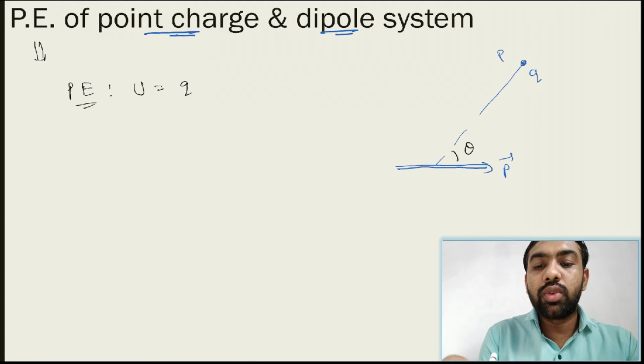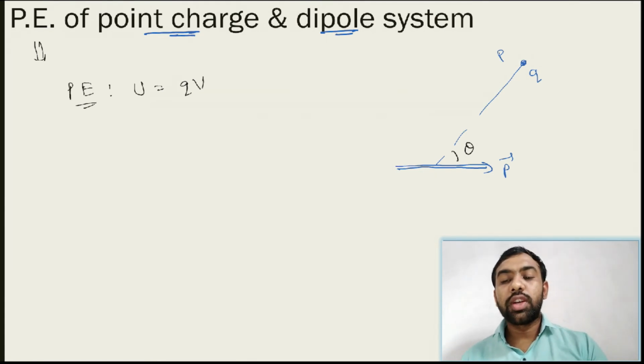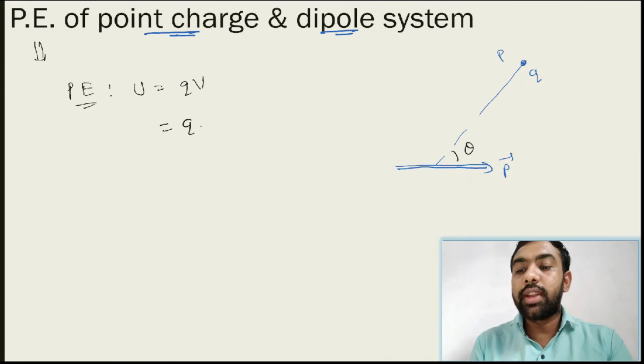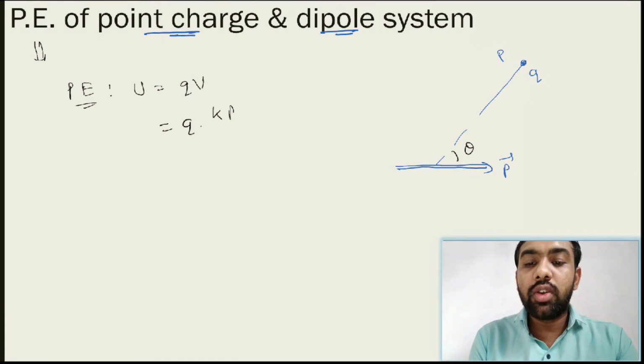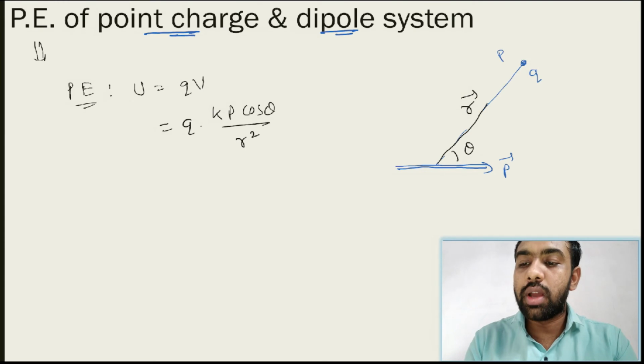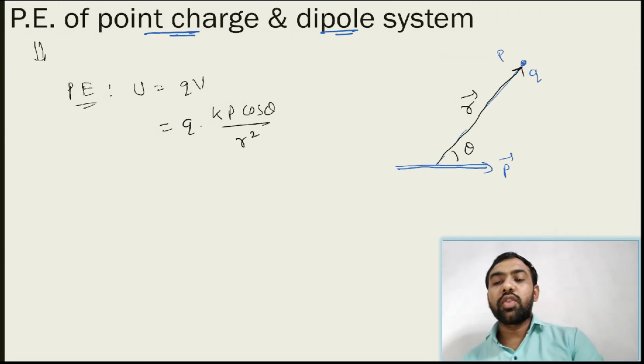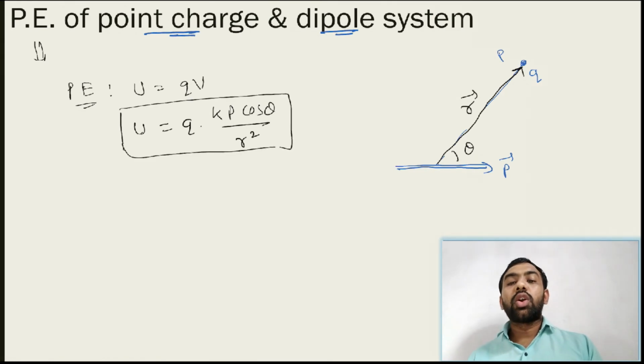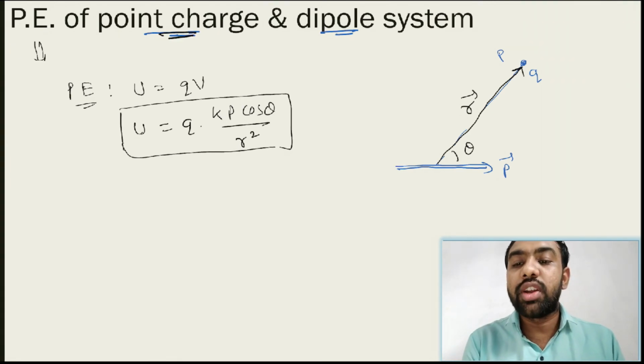U is equal to QV. And what is the potential due to the dipole at angle theta? This very well known kp cos theta upon r square. If this position vector is r, then the potential energy is Q into kp cos theta upon r square. This is the potential energy of a point charge and the dipole.